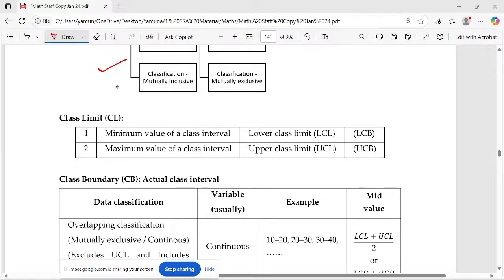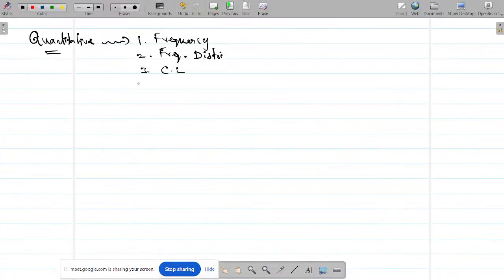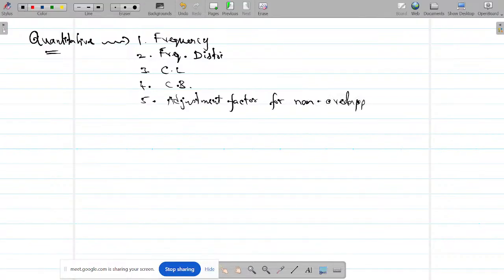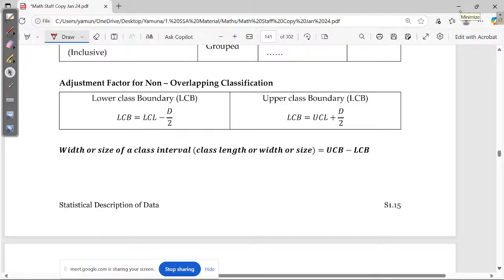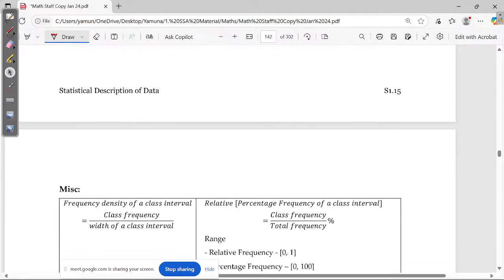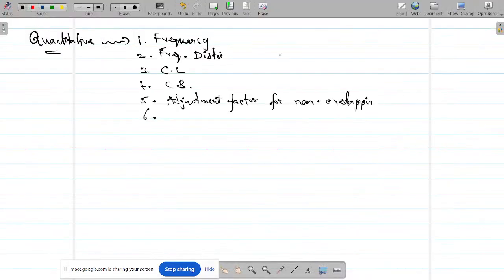Yeah, class limit, fourth, class boundary, yeah, fifth, adjustment factor for non-overlapping intervals. Overlapping intervals, yes, please. Width or size of the class interval.